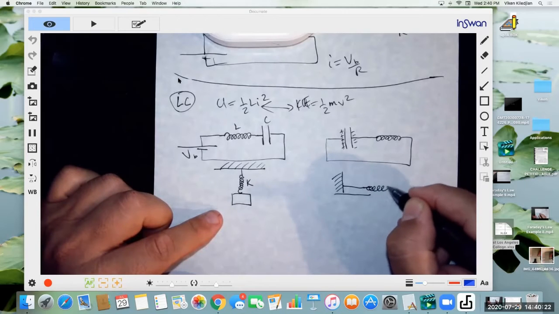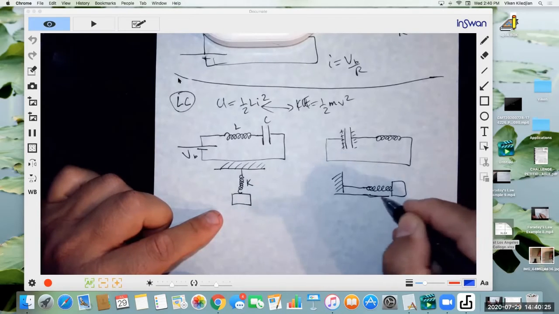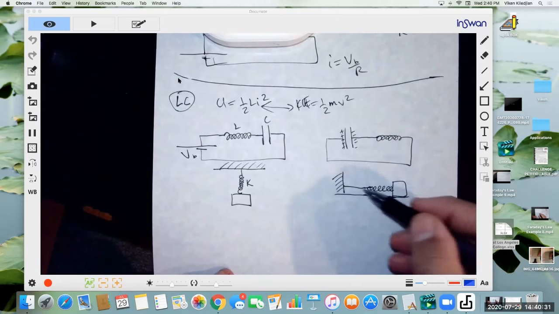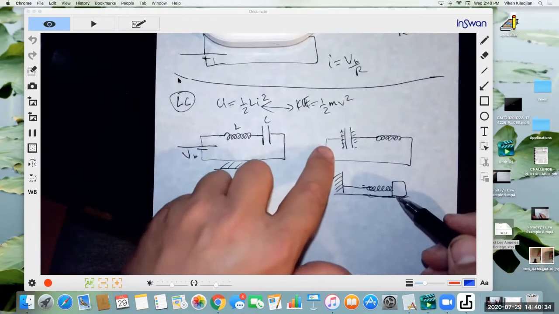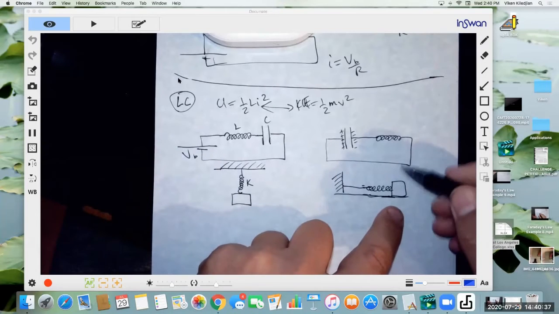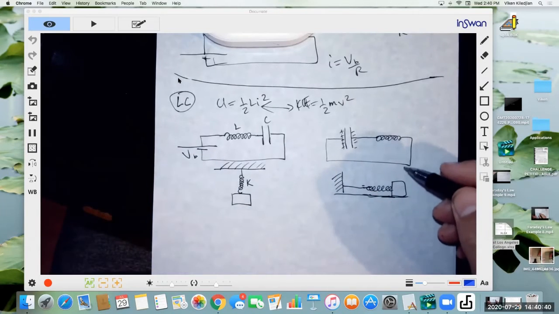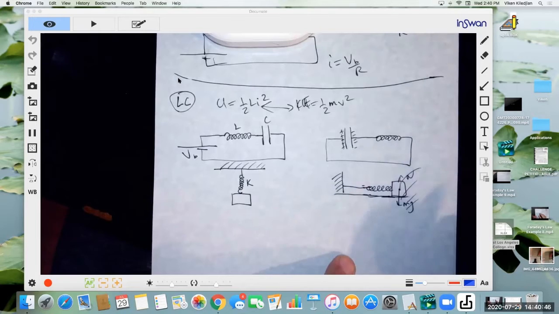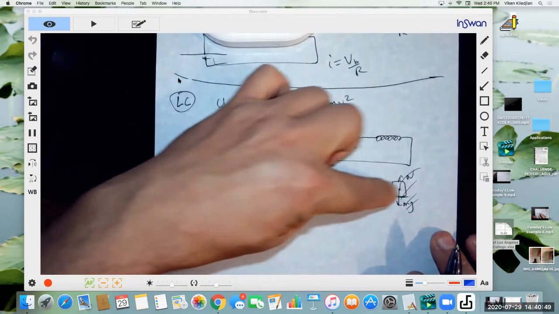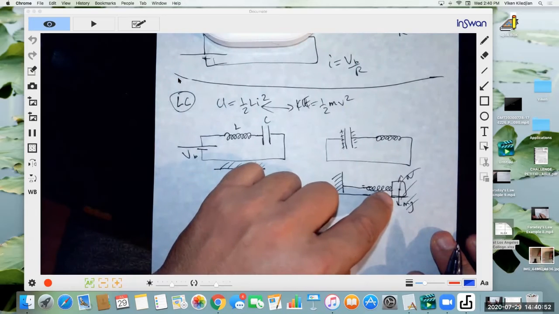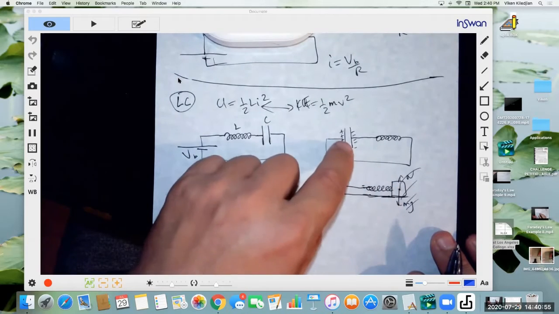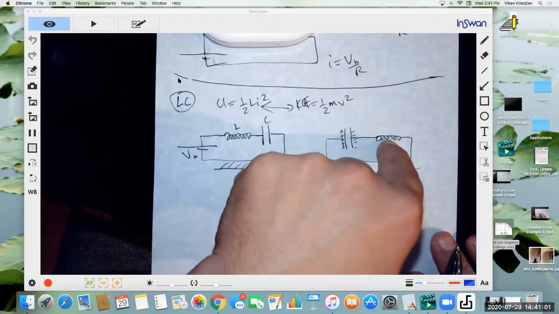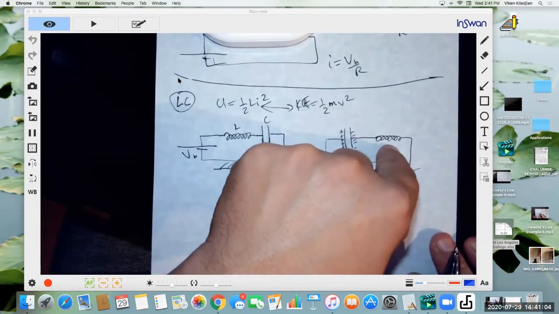I stretch the spring, and then I let go, and then it goes back and forth. The reason that it doesn't have any battery means gravity is acting this way, so it's not giving it any stretch. The gravitational force is being neutralized by the normal force, so they cancel. So it's just basically oscillating between the potential energy of the spring and the kinetic energy of the block. This is also oscillating between the potential energy of the capacitor and the kinetic energy of the current flow through the inductor. You see?